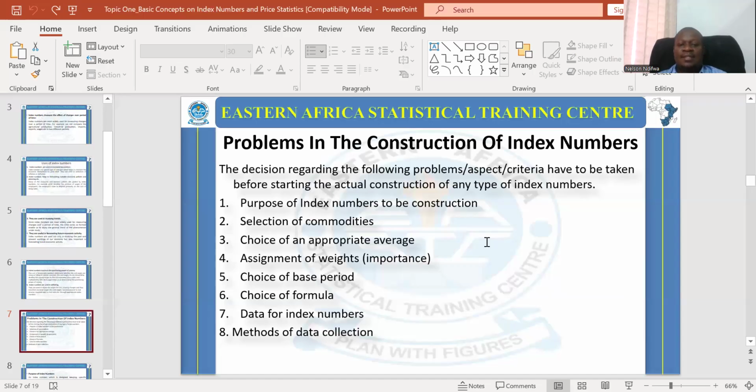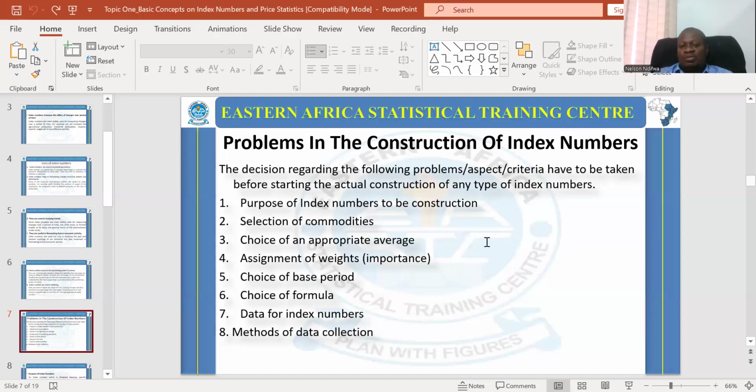The second is selection of commodities, because the index number will be computed based on the items. So you need to select the items to be included in the computations, and this actually will be referring first to the purpose of the index numbers.